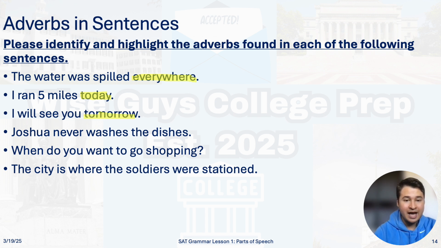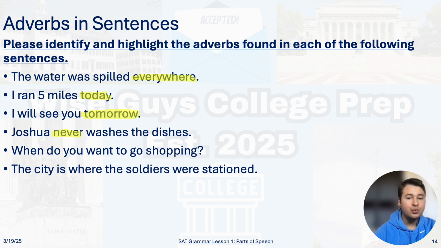Tomorrow is the adverb in this case, okay? When is it that the person indicates they're going to see you? They're going to see you tomorrow, okay? Joshua never washes the dishes, okay? It modifies the verb washes, and it tells us that Joshua never washes the dishes. So it is an adverb indeed.